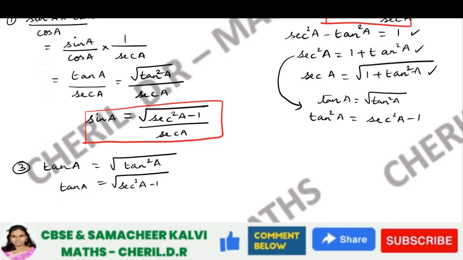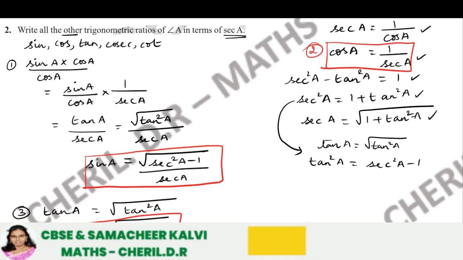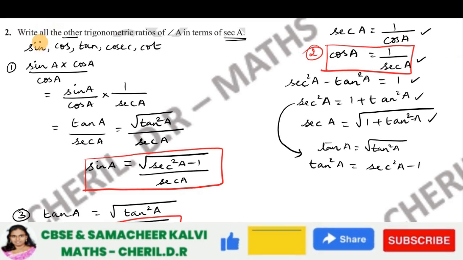So this is the answer for tan A. So we've written sin, cos, tan.